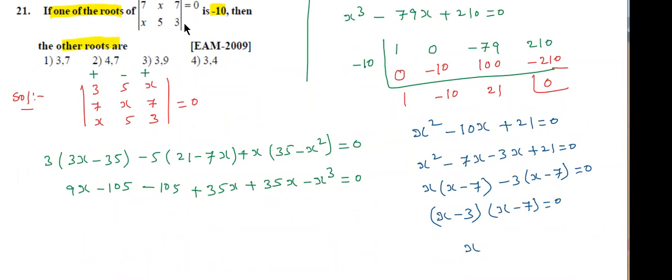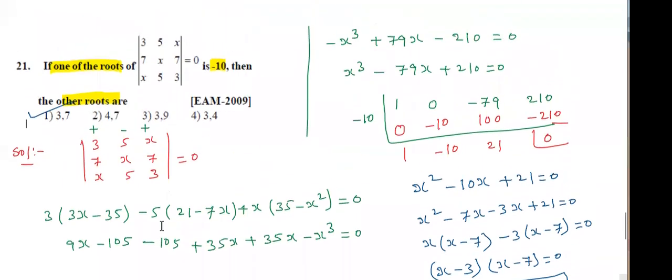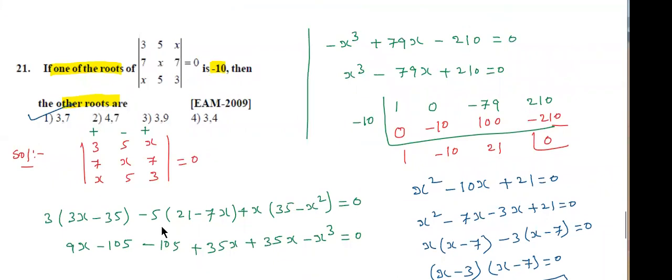Overall, x values are 3 or 7. Already minus 10 is one of the roots, and 3 and 7 are the other roots. Which option? First option.